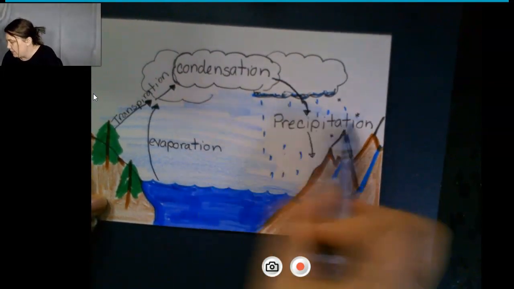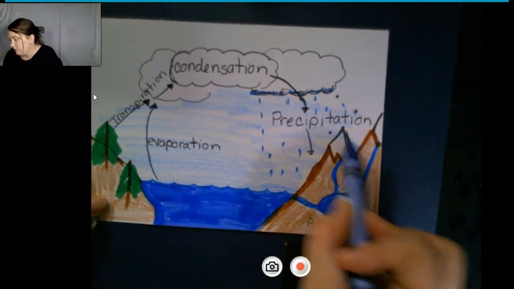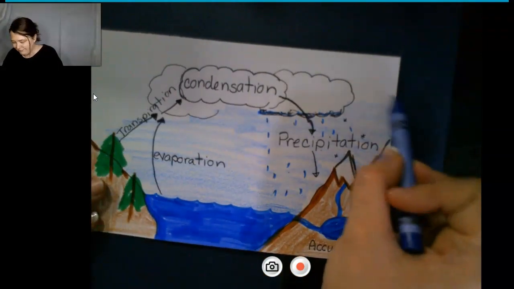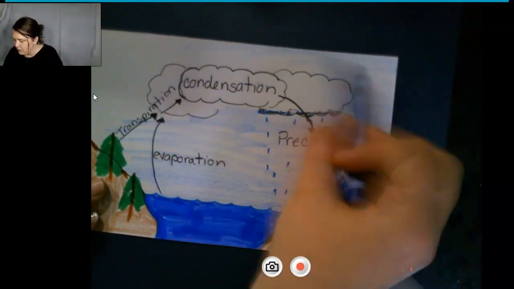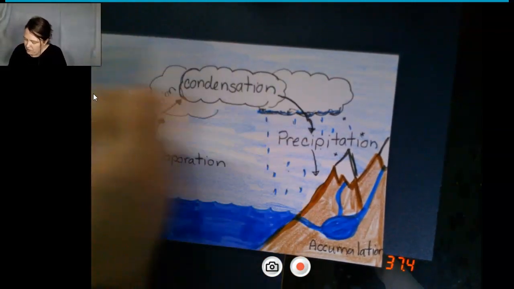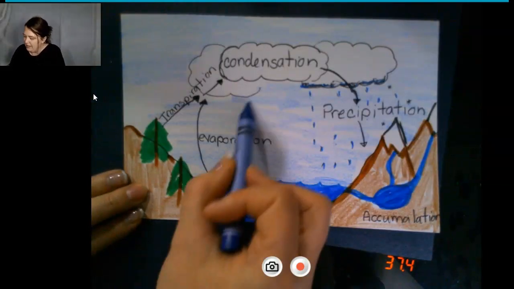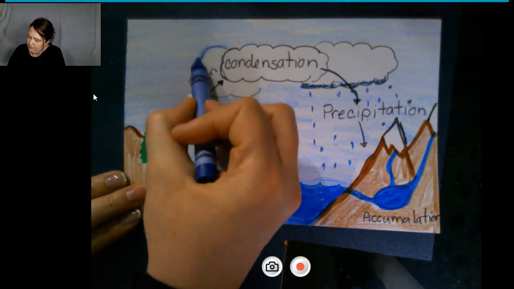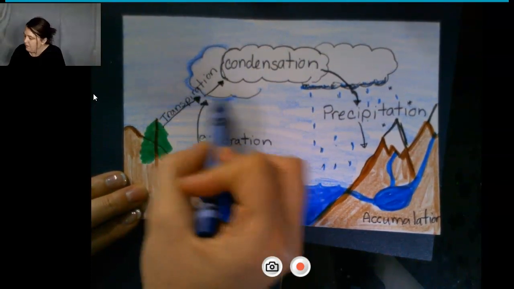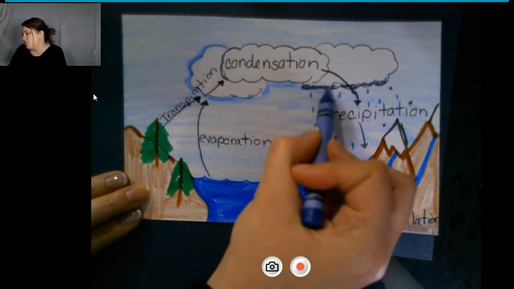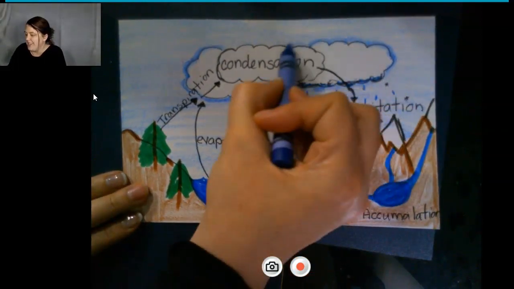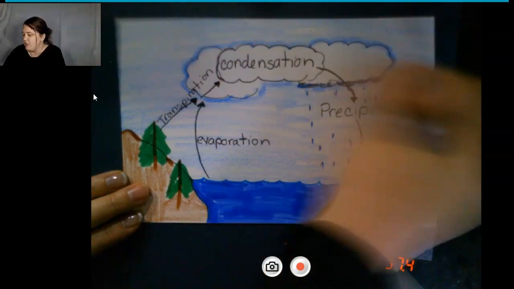The only things I would leave not blue, apparently, are my mountaintops, because it's snowy white, and my clouds, which are supposed to be white. Stay in the lines, Miss Gorman, stay in the lines. Add some detail, some shadowing. All right, you guys, and there you go.